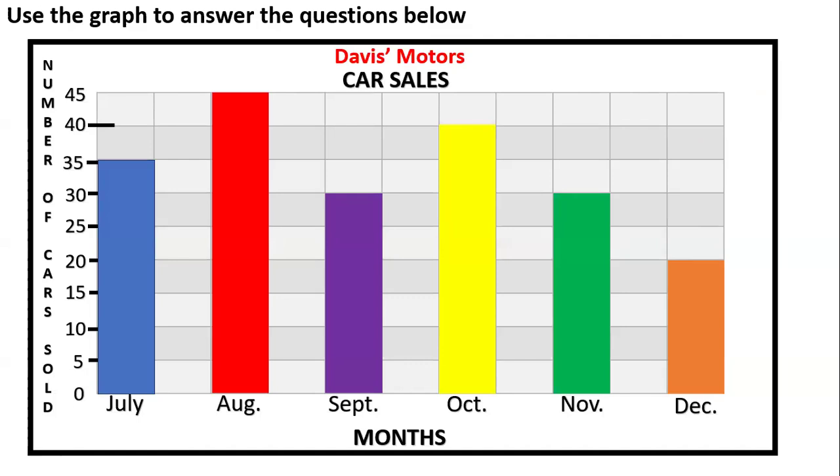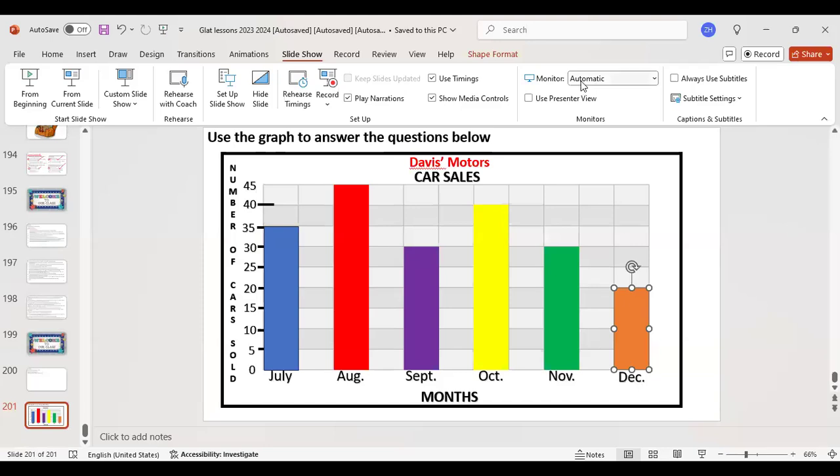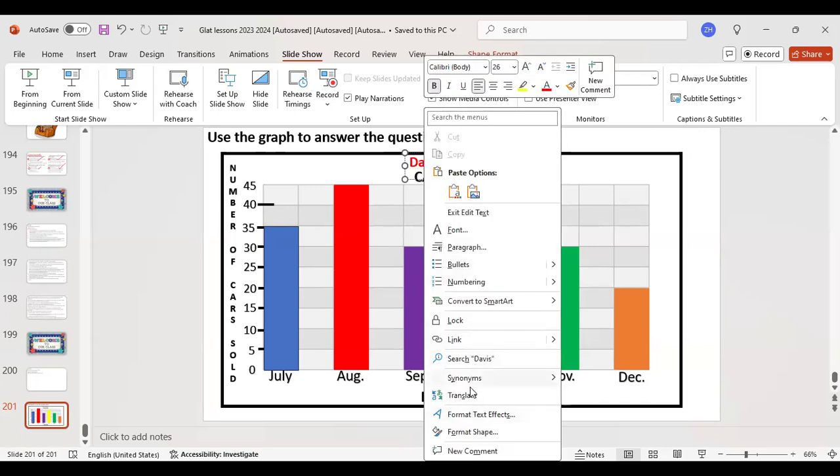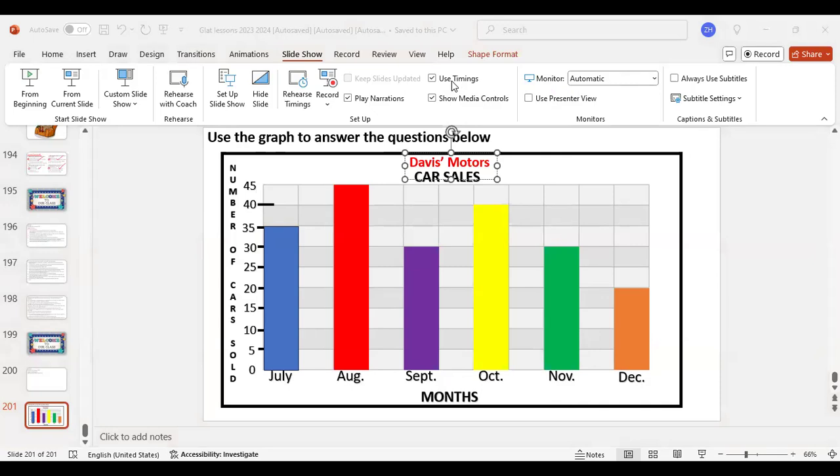Okay, maybe I could do it like this. All right, so now we need to write down the questions based on this. So let's go ahead and answer the questions.